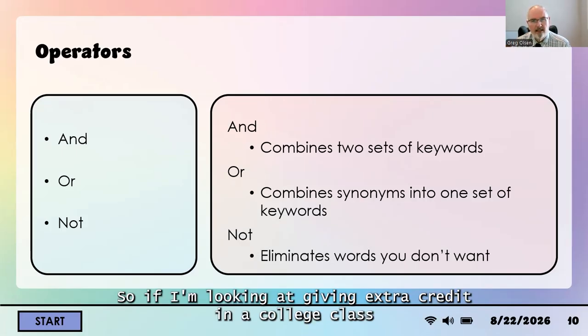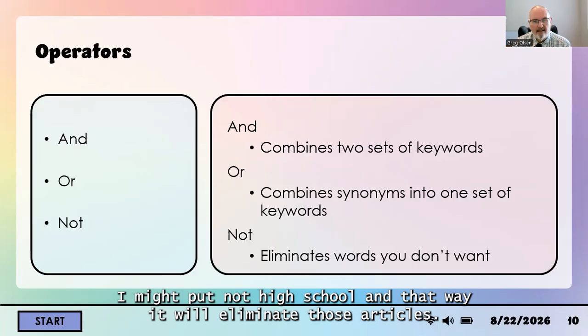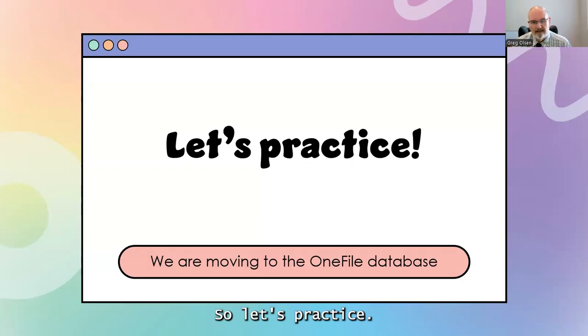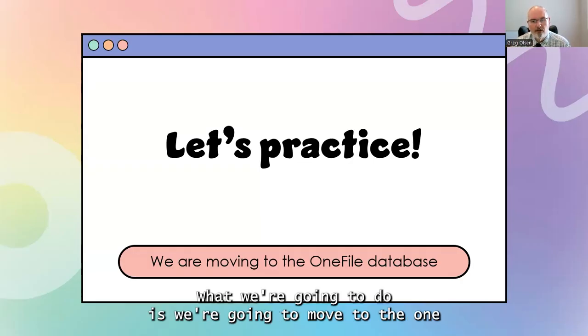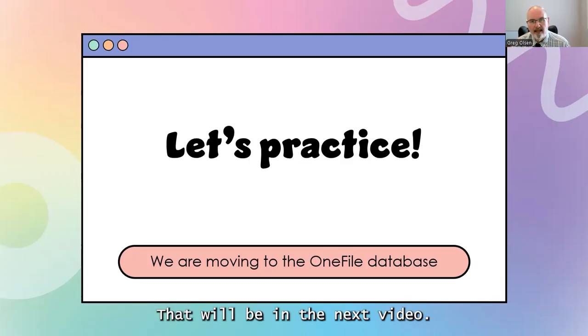So if I'm looking up giving extra credit in a college class and I get a lot of stuff from high schools, I might put not high school. And that way it will eliminate those articles. So let's practice. What we're going to do is we're going to move to the one file database, which makes this process pretty easy. Once we're there, you can see how these operators work. That will be in the next video.